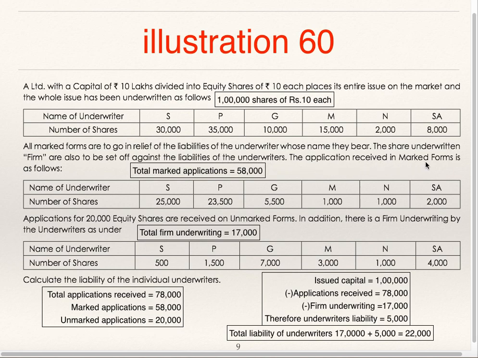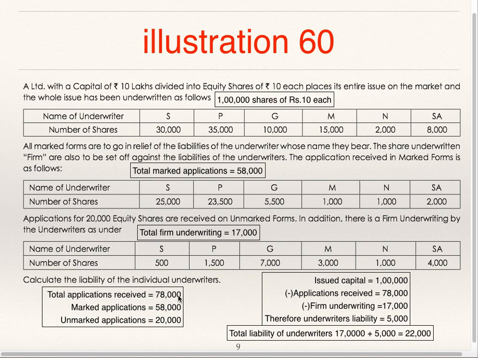The application received in marked form is as follows. That means marked applications they have given here. So total marked applications are 58,000. Addition of all these are marked applications. Total is 58,000. Application for 20,000 shares are received on unmarked forms. 58,000 marked applications, 20,000 unmarked applications.